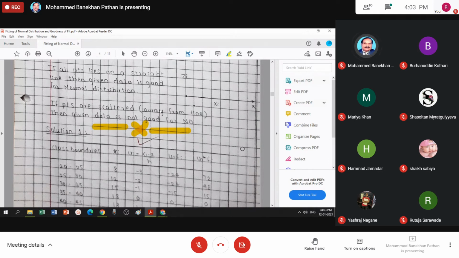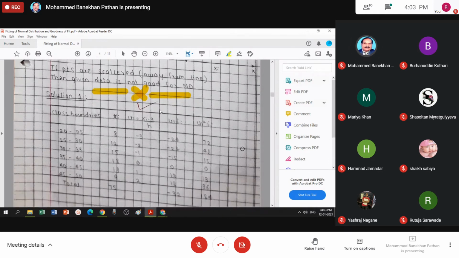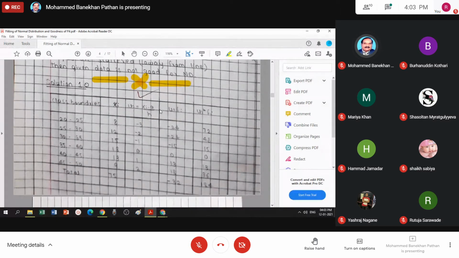Now we'll start the first numerical example. Solution of the first question. Class boundaries 20-25, 25-30 and so on up to the last class. After having class boundaries, find the midpoint. Sorry, this is not a midpoint. It is the frequencies.